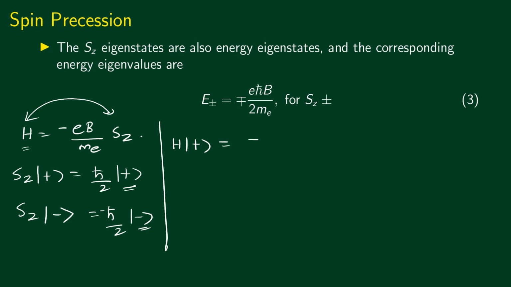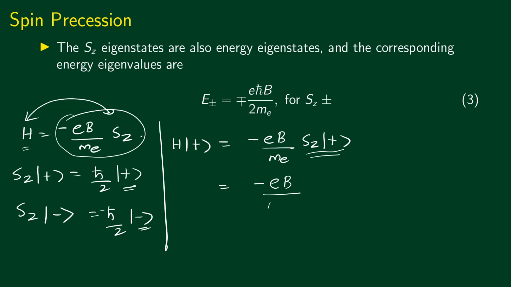This is equal to minus EB divided by ME SZ acting on ket plus. Just substitute this for the Hamiltonian. And SZ acting on ket plus we already know. So this is minus EB divided by ME h bar by 2 ket plus, or we can write this as minus E h bar B divided by 2 ME ket plus.